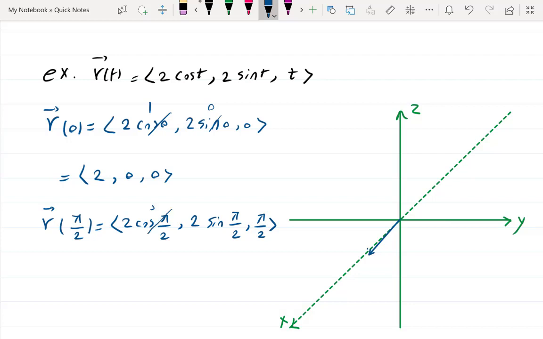Cosine of pi over 2 is 0, sine of pi over 2 is 1, so we have 0, 2, and pi over 2. 2 on the y-axis and pi over 2 on the z-axis. By connecting these two lines, we have this vector.